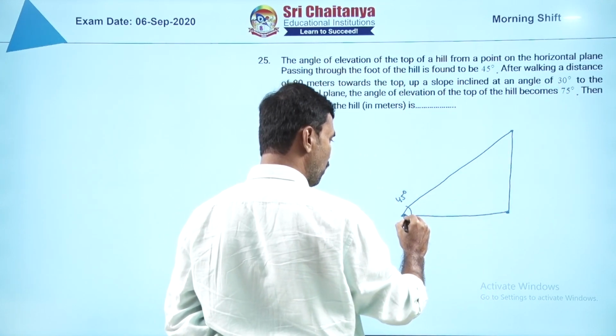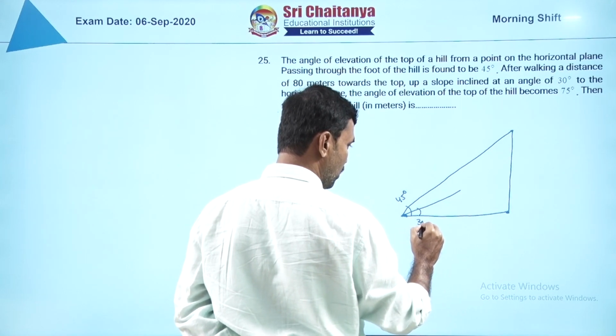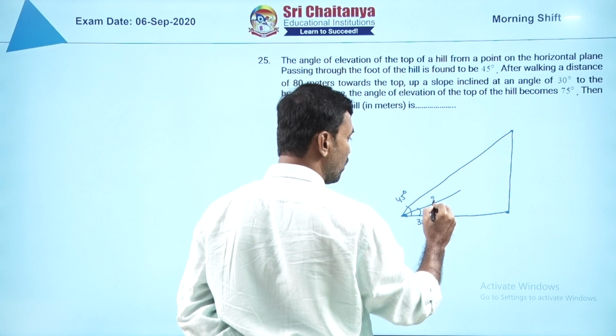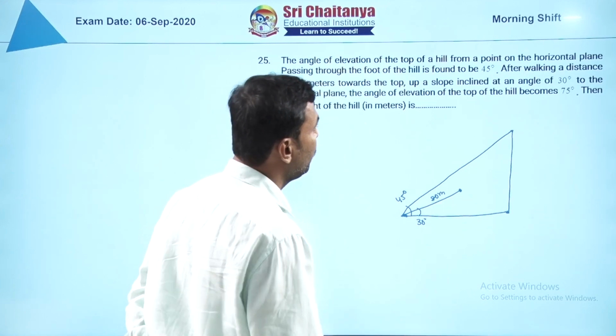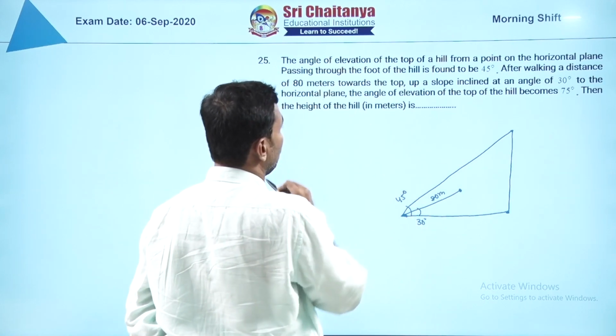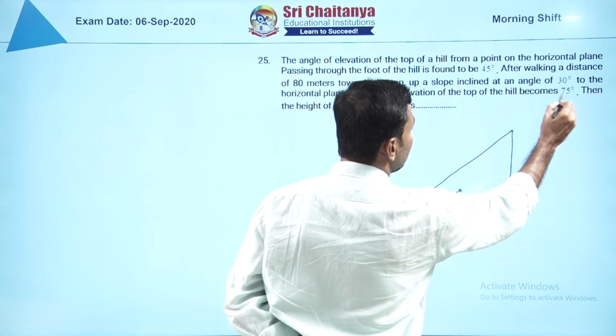With a slope of 30 degrees, he is going 80 meters. So, after going here to the horizontal plane, the angle of elevation of the top of the hill becomes 75.